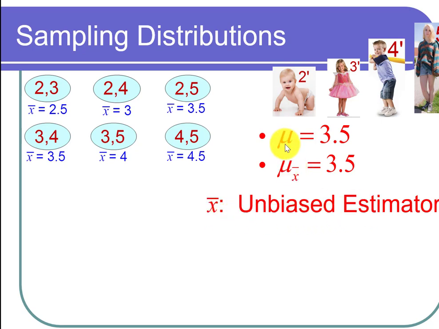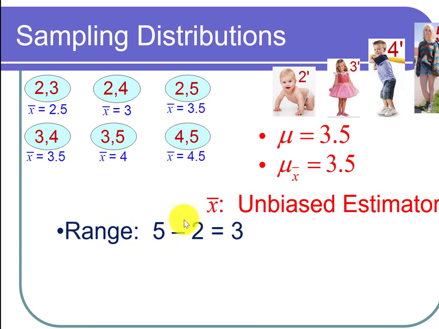So in this case, mu and mu sub x bar were equal, so that means x bar is an unbiased estimator for the population mean. So if you take a sample, then you look at the mean of that sample, that's your best guess for the mean of the population.